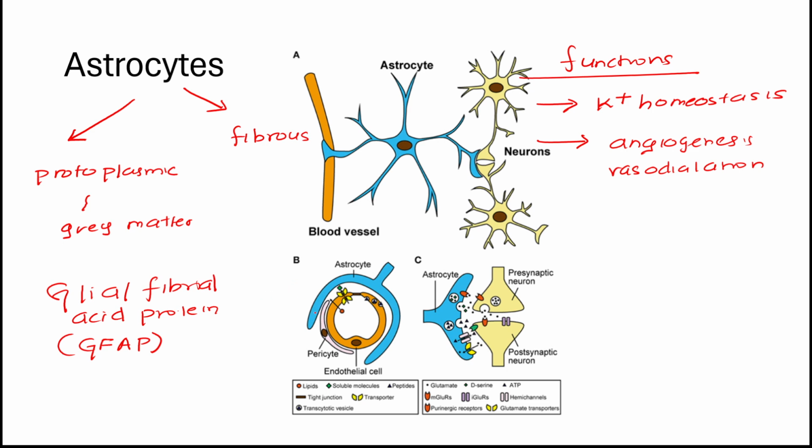And also, there are extending processes coming out from the astrocytes that play a key role in neuroplasticity. So these are a few functions that you would see in the activity of astrocytes.